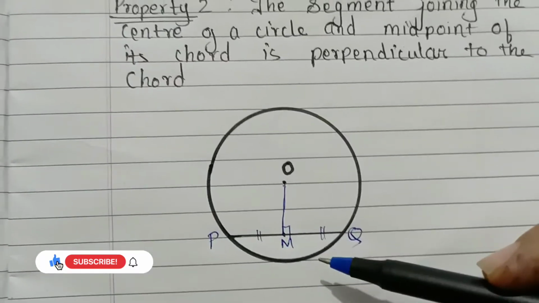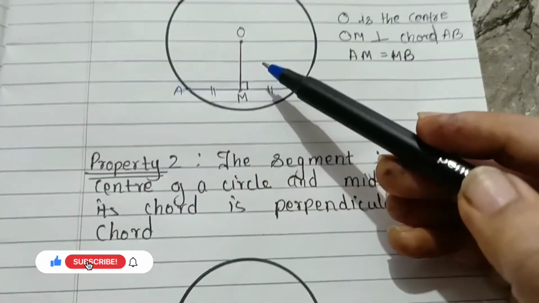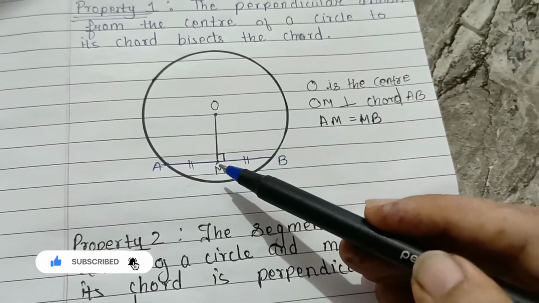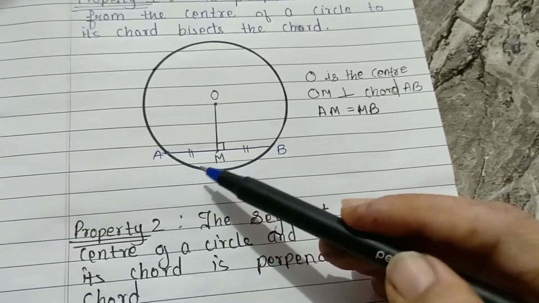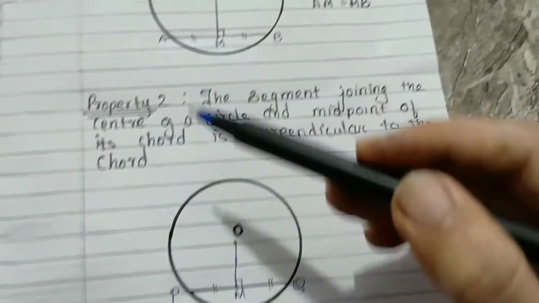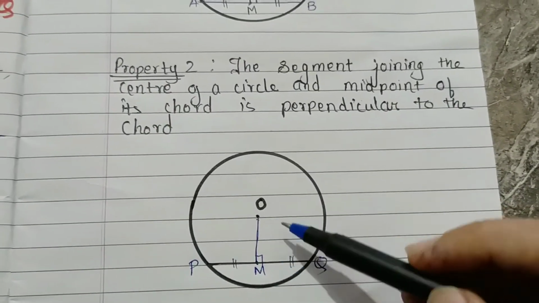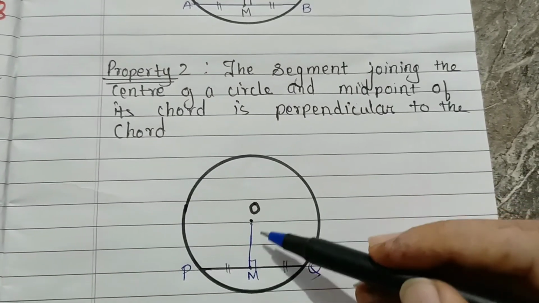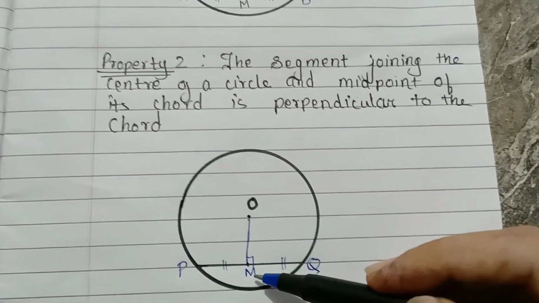This is actually the converse of property 1, wherein we learned that the perpendicular drawn from the center of the circle to its chord bisects the chord, that means M becomes the midpoint. Here it is saying that if the segment is joined from the center of the circle to the midpoint, then it is perpendicular.